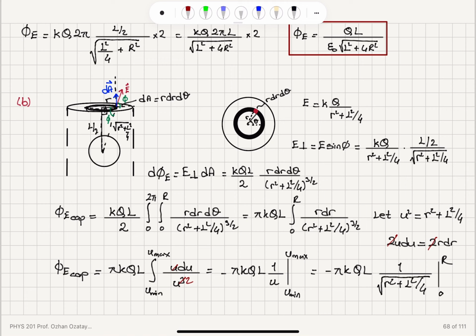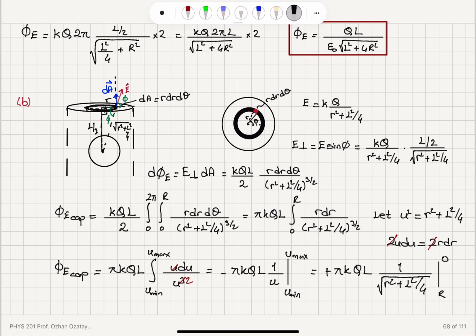If I substitute capital R, I will have 1 over the square root of capital R squared plus L squared over 4. If I substitute 0 here, then I will have 1 over the square root of L squared over 4, which is 2 over L. And I also have a minus sign here. So let's make this minus sign a plus, and then I have to change the limits, so this will be between capital R and 0.